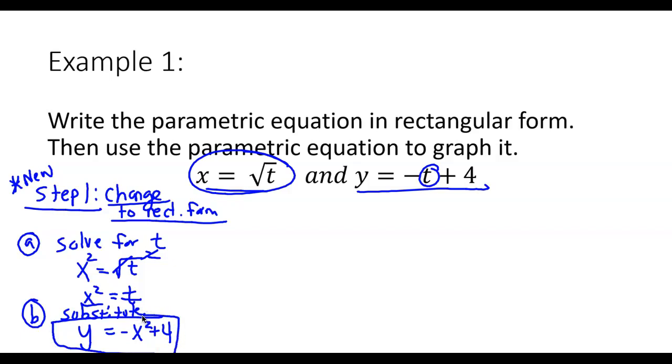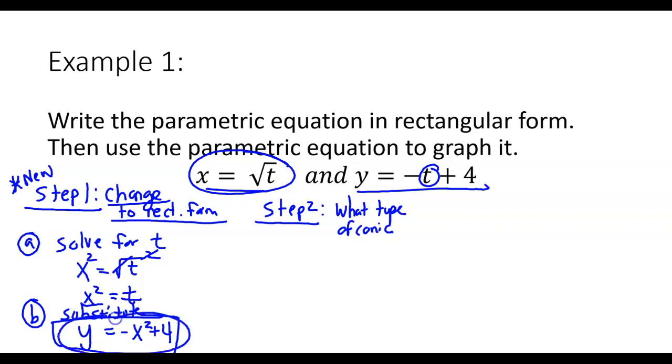Now, step two. We want to decide what type of conic this is, and once we do that, we're going to rewrite it in the form that we saw on the last slide. So what kind of a conic is this?